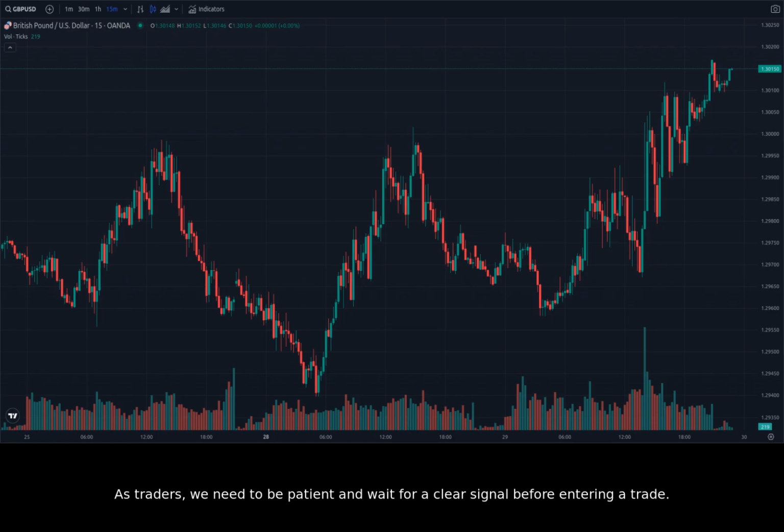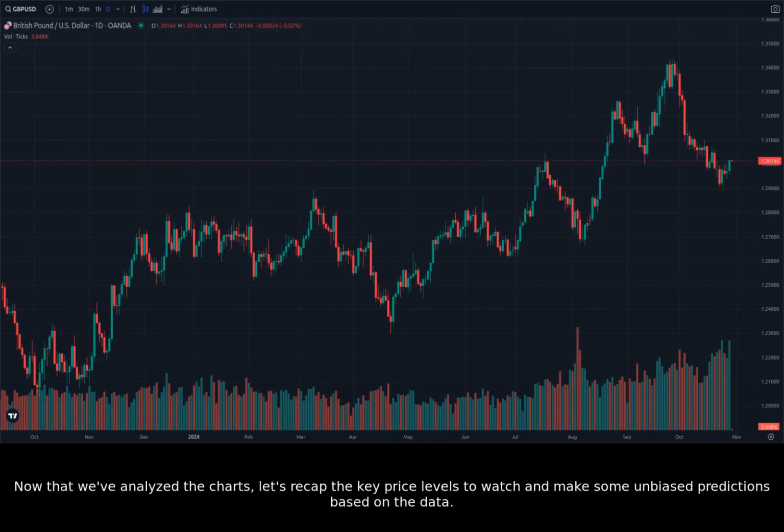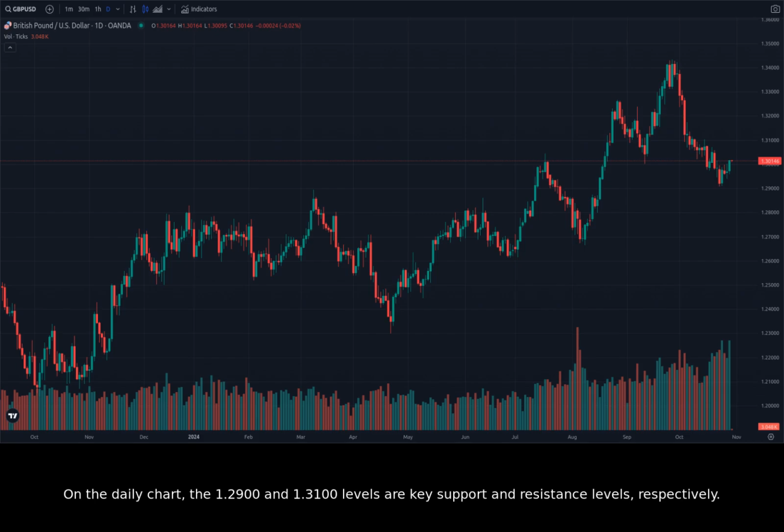Now that we've analyzed the charts, let's recap the key price levels to watch and make some unbiased predictions based on the data. On the daily chart, the 1.2900 and 1.3100 levels are key support and resistance levels, respectively. A break above the 1.3100 level could trigger a bullish breakout, potentially targeting the 1.3200 or 1.3300 level.